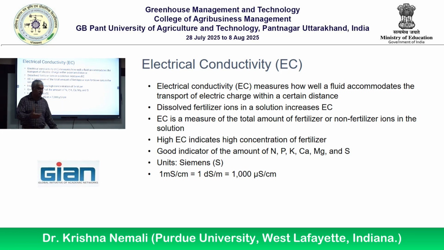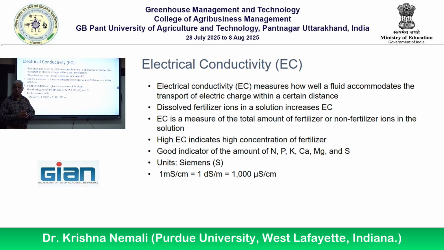So if you have an EC meter, most likely this afternoon, we may see in this range, 1500, 2000. What that means is, in terms of decisiemens, it's 1.5 or 2.0. Same goes with millisiemens too. Remember this, 1 millisiemen per centimeter is the same as 1 decisiemen per meter is the same as 1000 microsiemens.